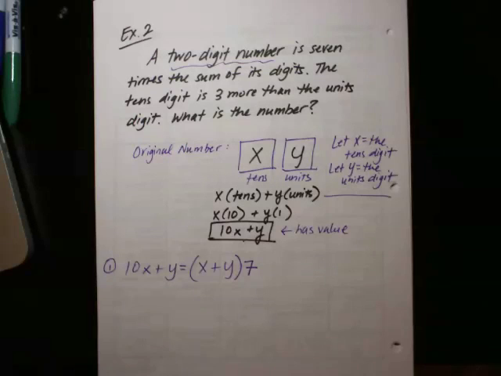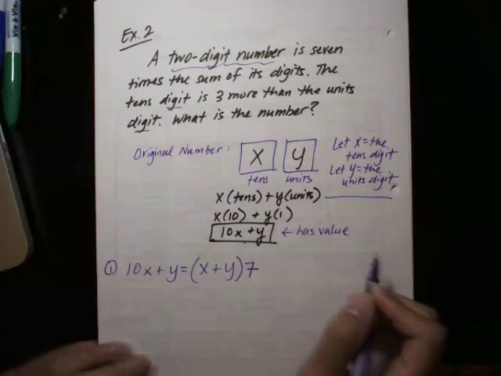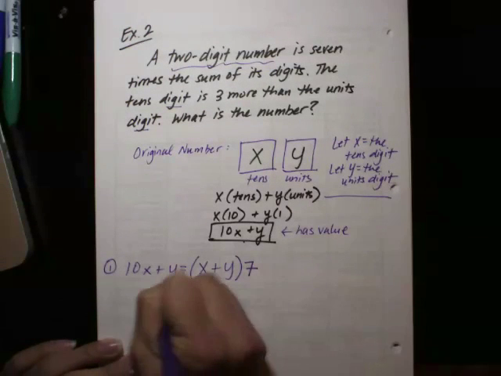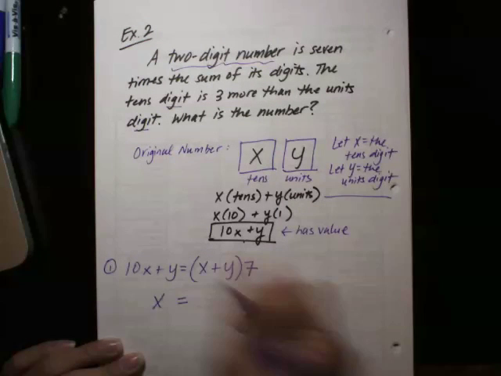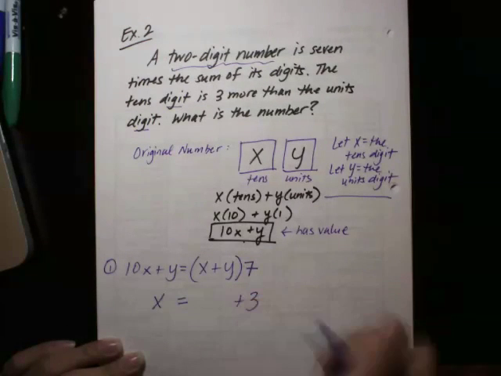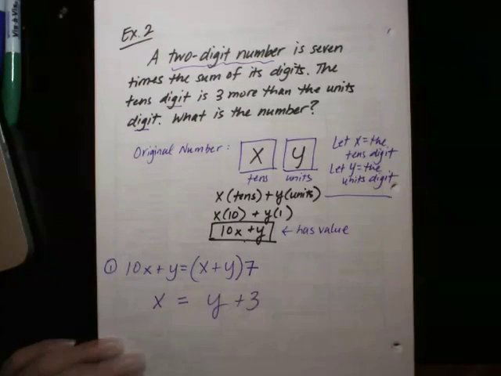My second equation says the tens digit is 3 more than the units digit. Here we're talking just purely about digits. So the tens digit, x, is 3 more than the units digit. And the units digit we have represented by y.